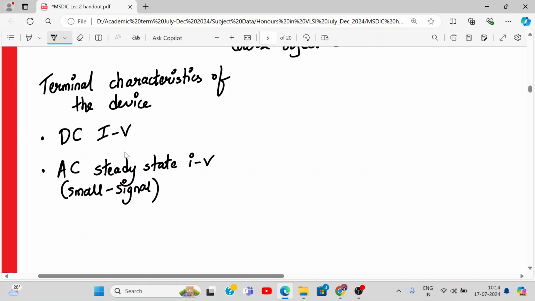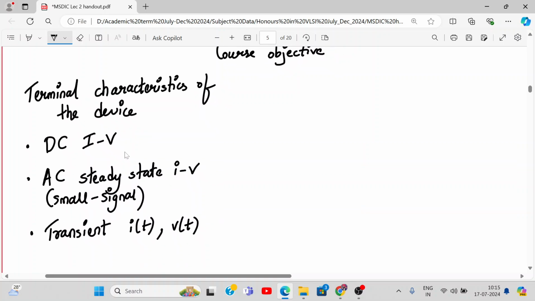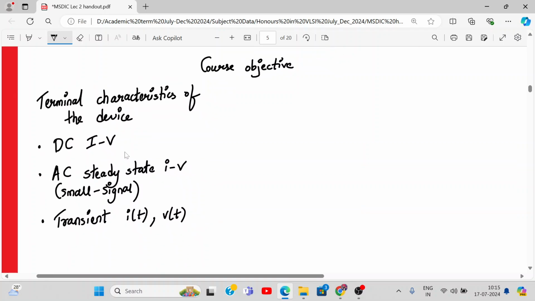Then we have a third type, which is transient. Transient means current versus time, voltage versus time. So under terminal characteristics, we will study these three types: DC current voltage characteristics, AC current voltage characteristics, that is small signal analysis, and then transient electrical parameters with respect to time, that is I of t or V of t.